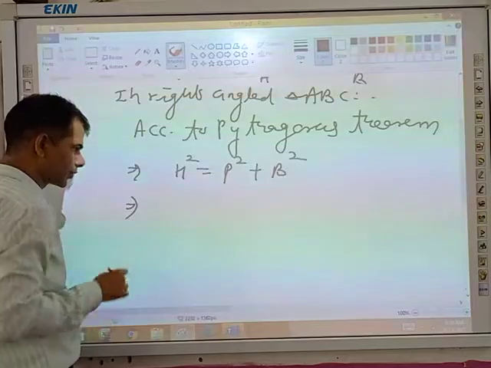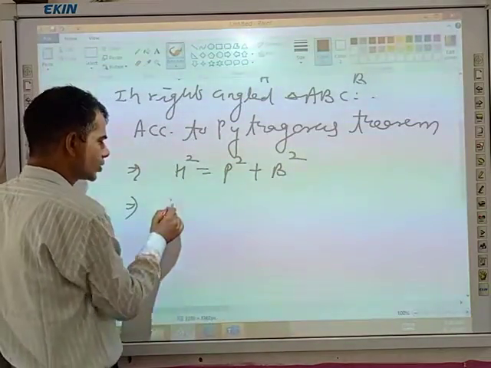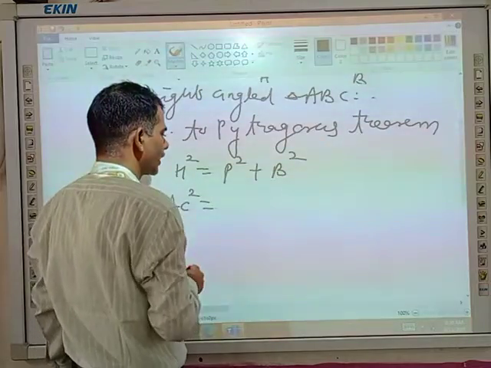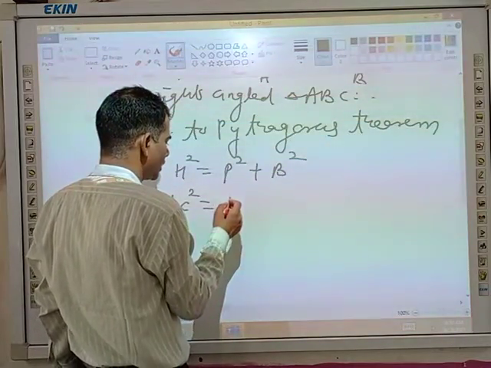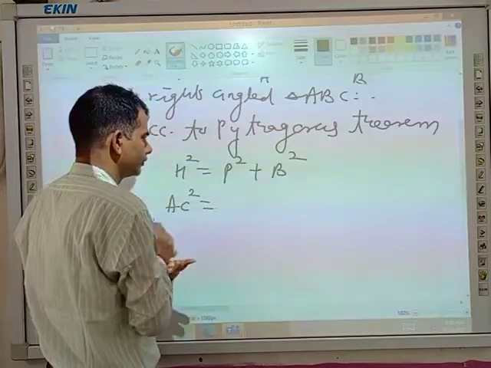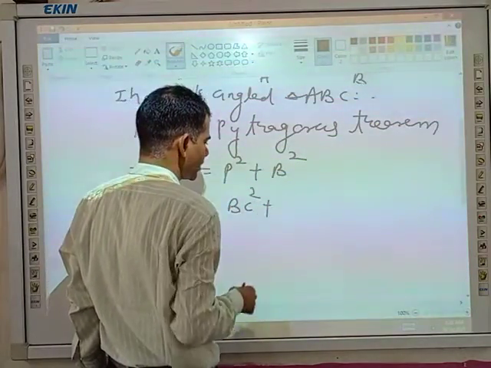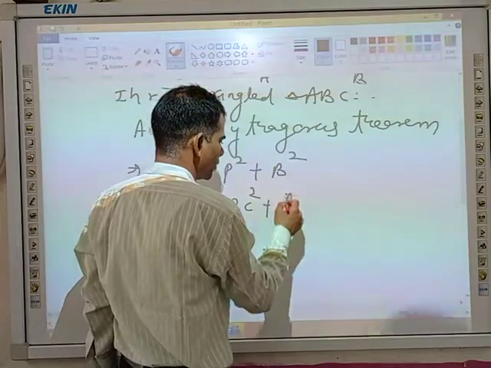Your hypotenuse is AC square, perpendicular is BC square, and base is your AB square.